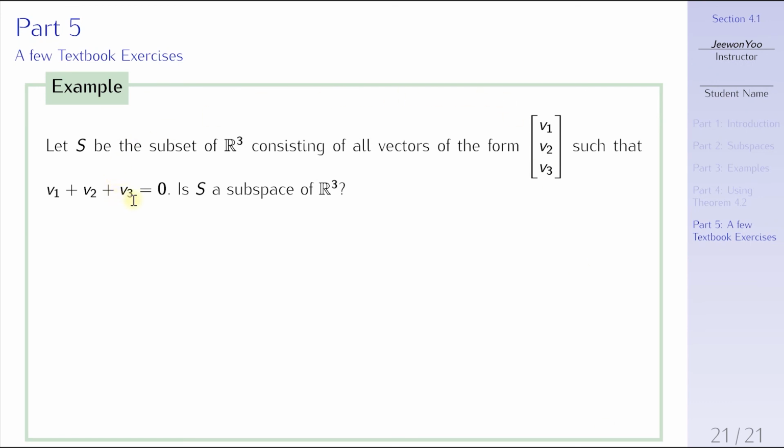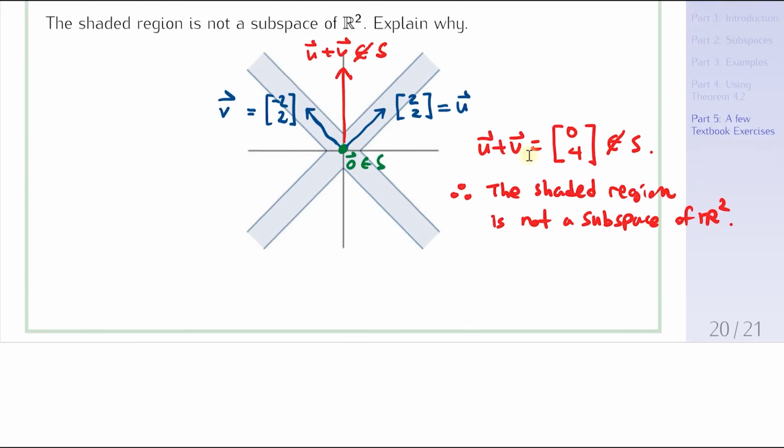Before I let you go solve this problem, let me help you a little bit here. Let me read the question for you carefully. S is a box. This box contains vectors of the form (v1, v2, v3), okay? But be careful, v1, v2, v3 are not like scalars that you know from before.